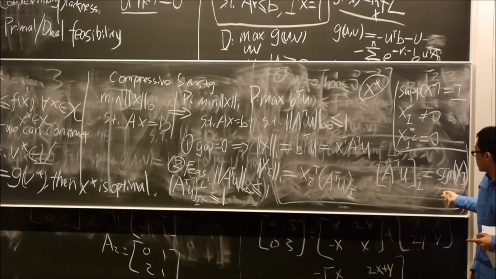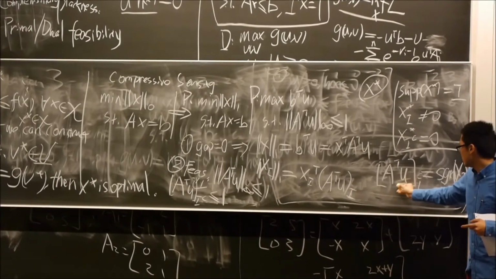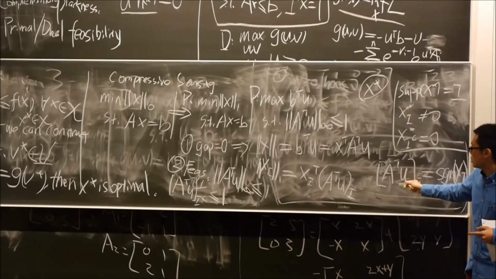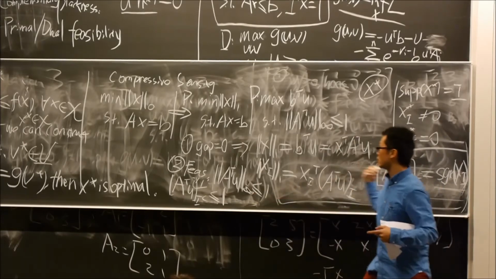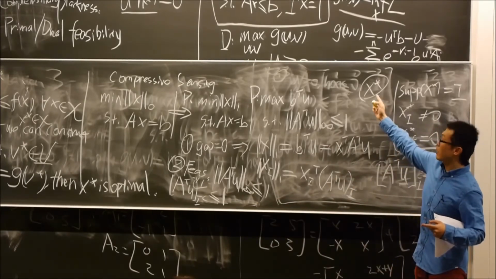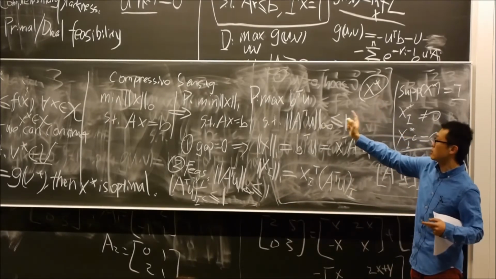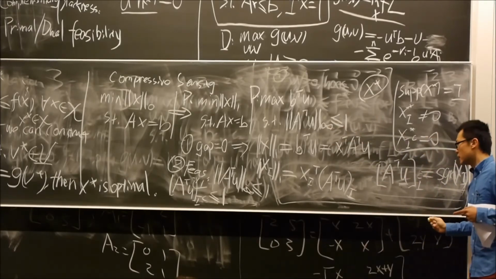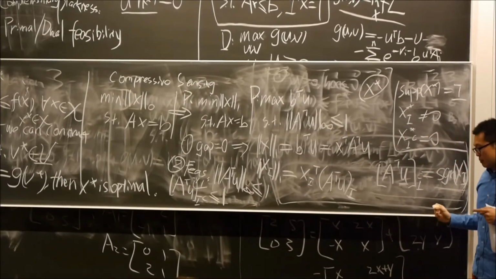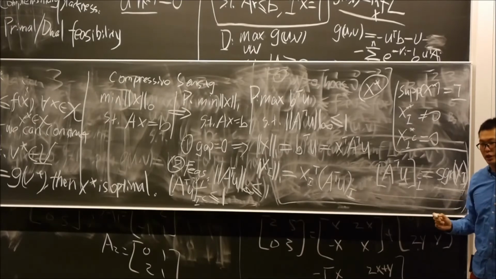The procedure to construct this u such that it satisfies these two conditions, and hence certifies that this x star is the optimal solution, is from the paper called Decoding by Linear Programming.